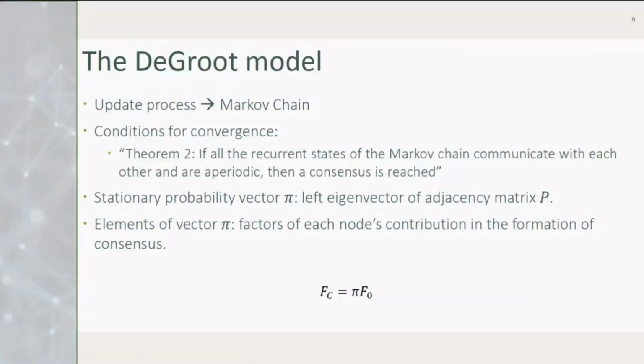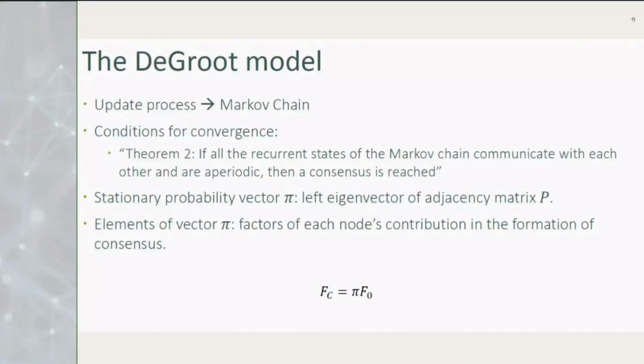The main idea is what is described in the last equation of the slide. It states that the final opinion of every node, the final opinion in state of consensus, depends on elements of vector π. π is the left eigenvector of the adjacency matrix P, and can be thought of as the trust factor, the contribution of each node in the formation of the final opinion.